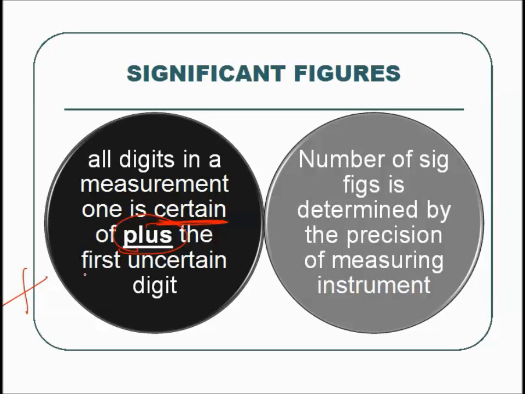And the significant figures are determined by the precision of the measuring instrument. That statement right there, the precision of the measuring instrument, you better know that, because I'm going to ask you that. Anytime I ask about significant figures, precision of the measuring instrument better be something you come to and answer with. I'm telling you, it's going to happen.